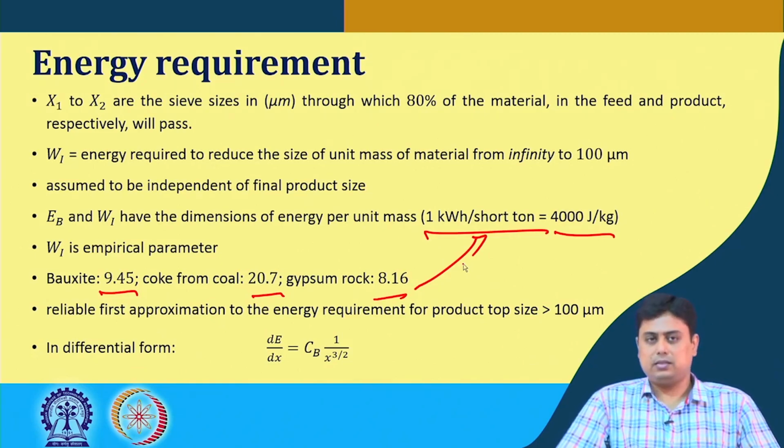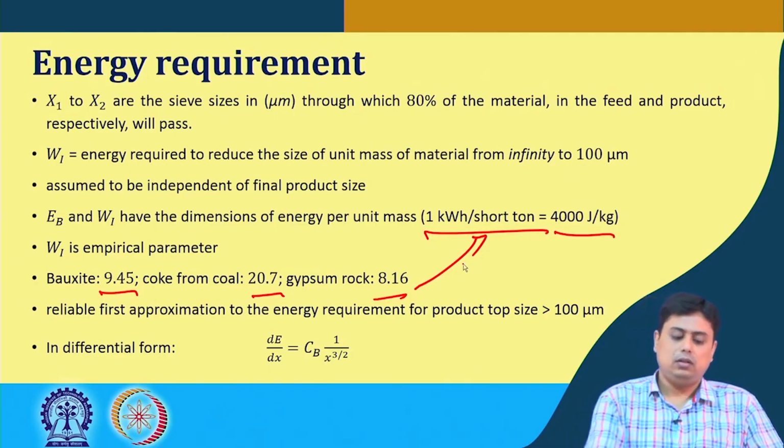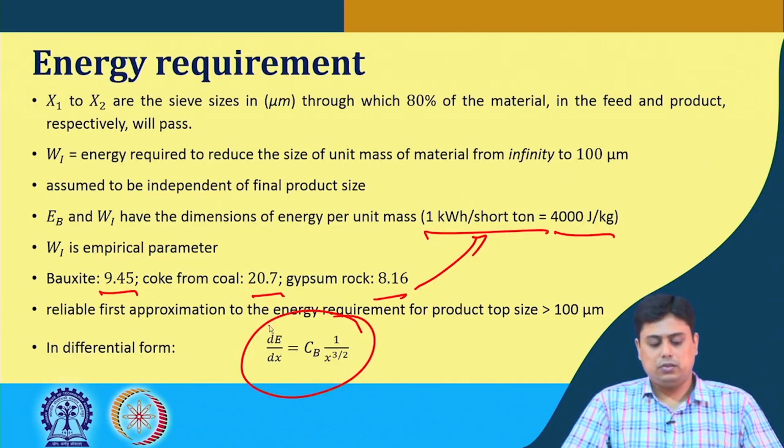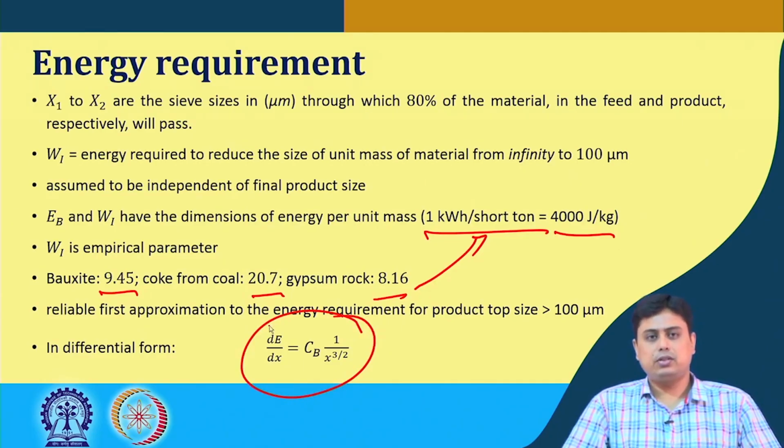So Bond's law is widely used, and in differential form, Bond's law gives this form: dE by dx equals Bond's law constant divided by x to the power 1.5.